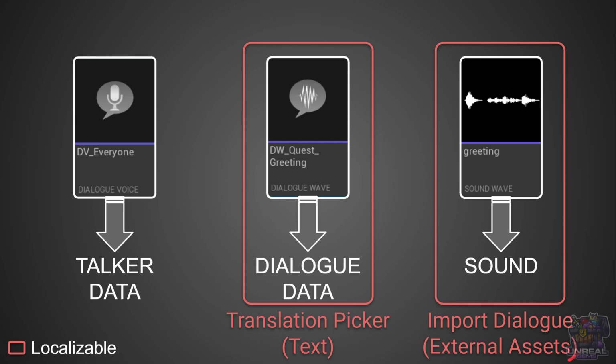Using the import dialog button, we can bring in external assets with the dubs, the translations of our dialogues. So with that, Unreal Engine will be able to on its own identify what lines of dialogue it needs to bring from the external dubs using those CSV files that we mentioned before and the hashes.